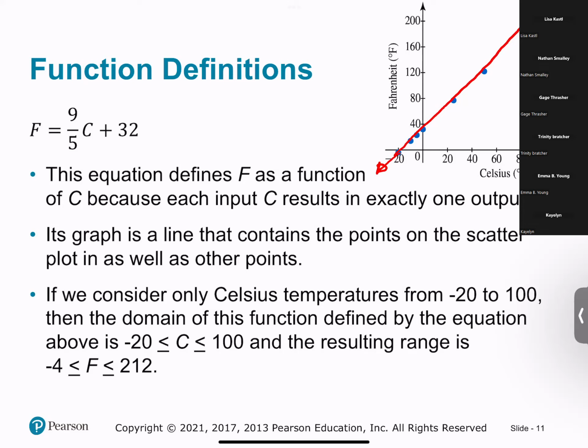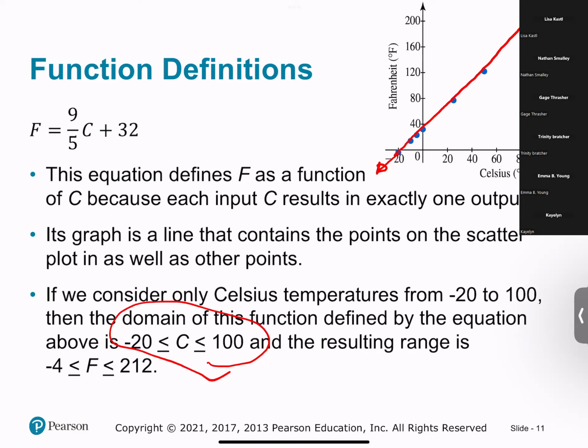And the way we represent that is using an inequality. We say that the temperature in Celsius is between -20 and 100 because of the context of the problem that we're defining. We said we started at -20 and we go to 100. And so the range of our function, since -20 corresponds to -4 degrees Fahrenheit, our range starts at -4 and ends at 212 because 100 degrees Celsius is equivalent to 212 degrees Fahrenheit.